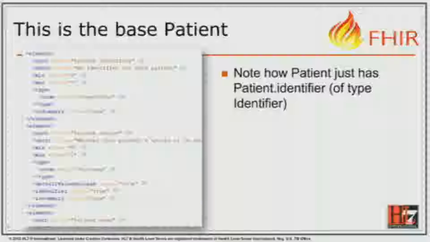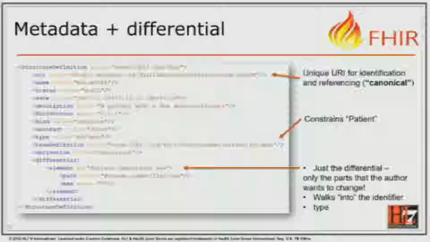Now let's do a simple new structure definition that constrains this one. I'm going to show you the XML here. You're probably all aware that there are tools like Forge and Trifolia that help you do this in a slightly more user-friendly way.